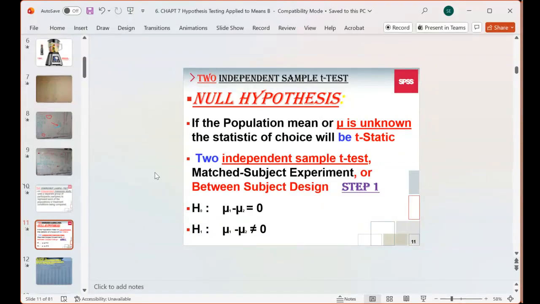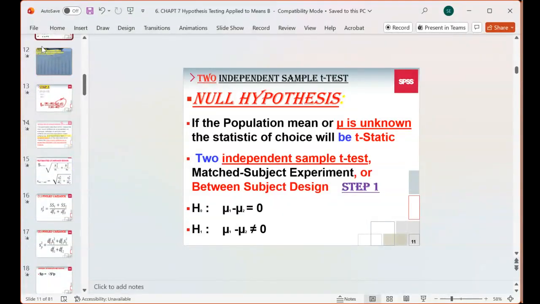So once again, hypothesis testing: the null always says no difference, H0. The alternative, or the researcher, would say yes, there are differences, a difference between the two means.